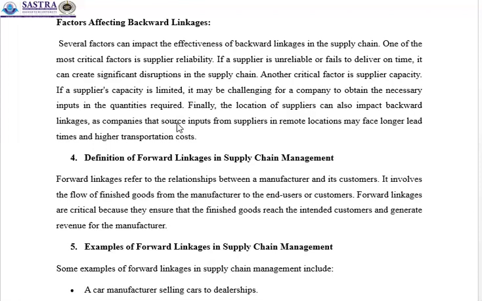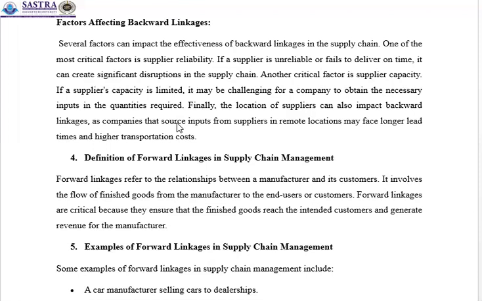If a supplier is unreliable or fails to deliver the goods on time, it can create significant disruptions in the supply chain. Another critical factor is supplier capacity. If the supplier's capacity is limited, it may be challenging for the company to obtain the necessary inputs in the quantities required.